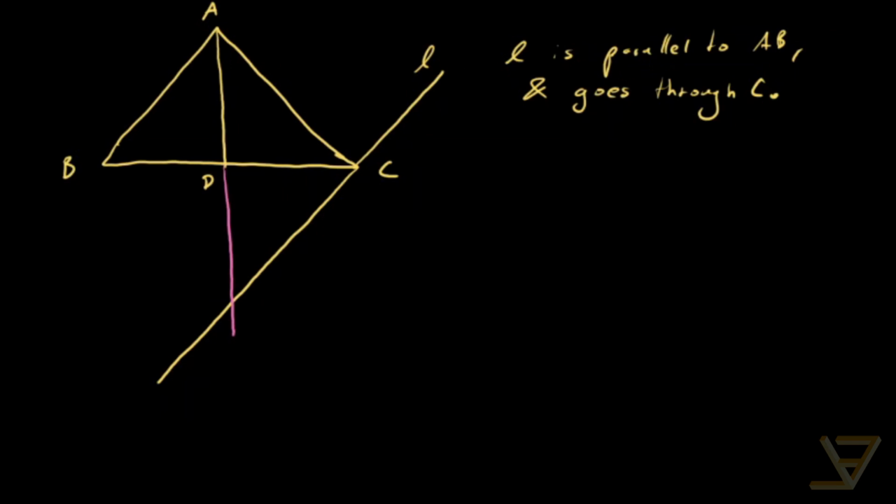And next we're going to extend AD until it meets L. And notice that it's definitely going to meet L somewhere, let's say at E, because AB and L are parallel, so something in between, like AD, is going to end up intersecting the line L. So we've got this pair of equal angles here, and now we're going to use alternate interior angles.